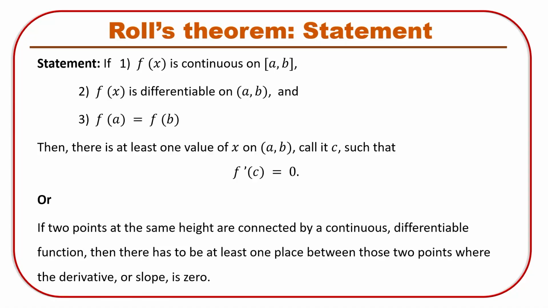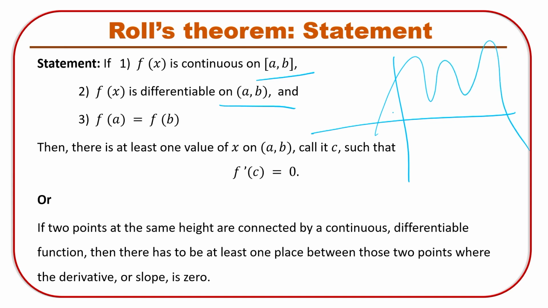What is Rolle's theorem? Rolle's theorem says that if f(x) is a real valued function, continuous in a closed interval [a, b] and differentiable in an open interval (a, b), and f(a) and f(b) are equal, then there exists at least one value of x in (a, b), call it C, such that f dash of C is equal to 0.